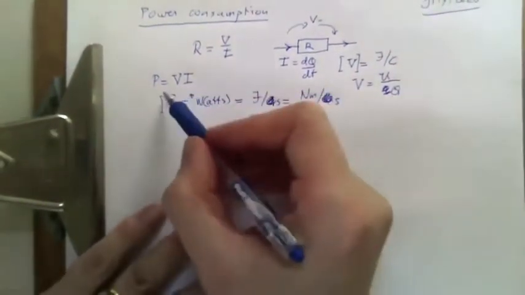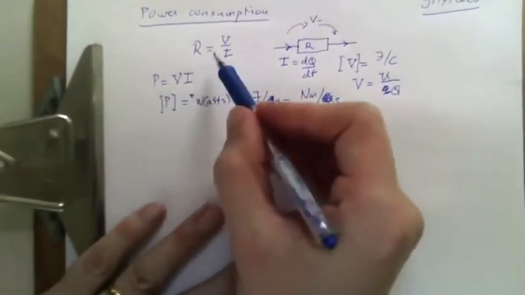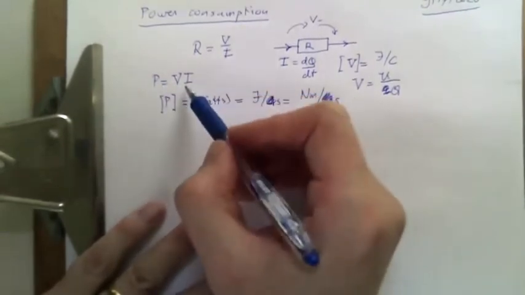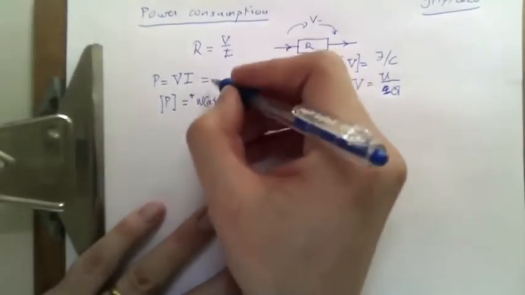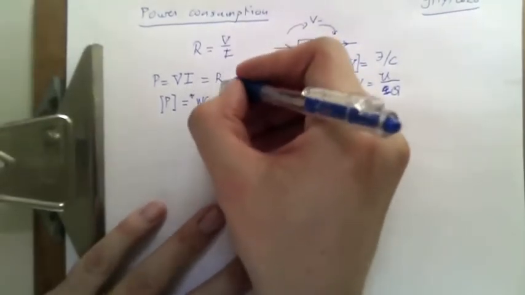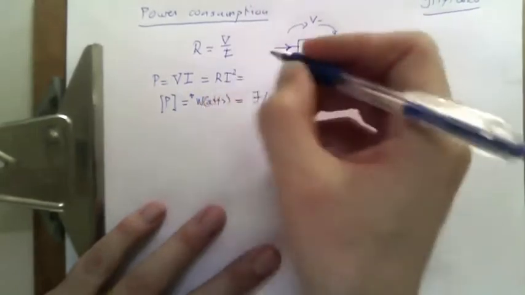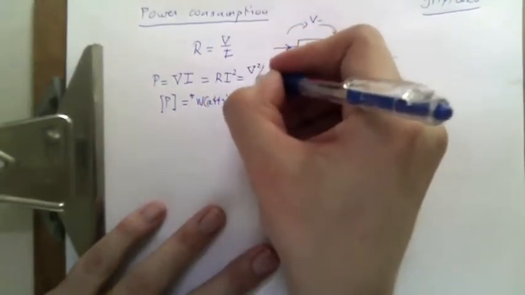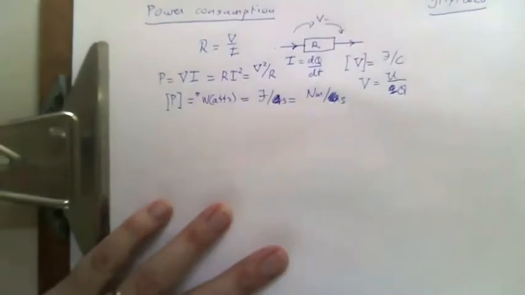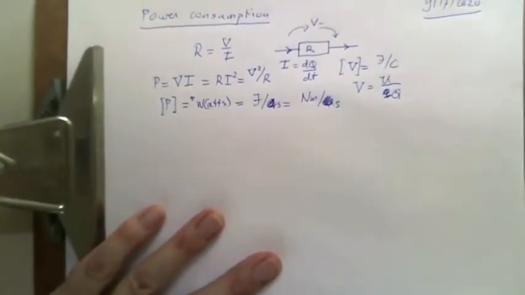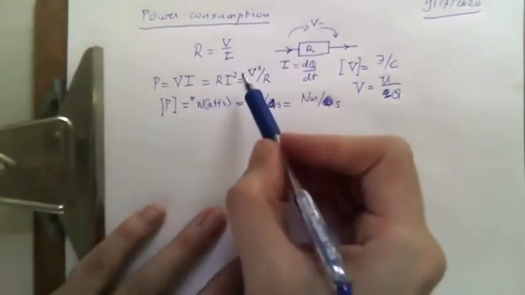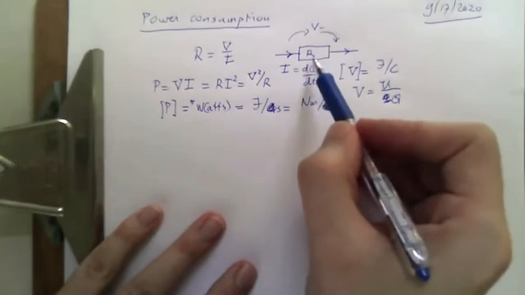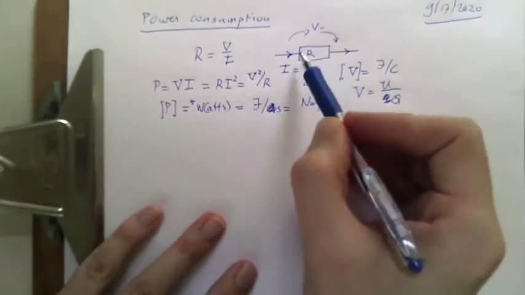So we can calculate that in this manner, and then of course there's Ohm's law. So we can rewrite this using Ohm's law as R times I squared, or we can rewrite this as V squared over R. All right, so that's the power consumption. Now, the actual power consumption is a function of what this material does with it.